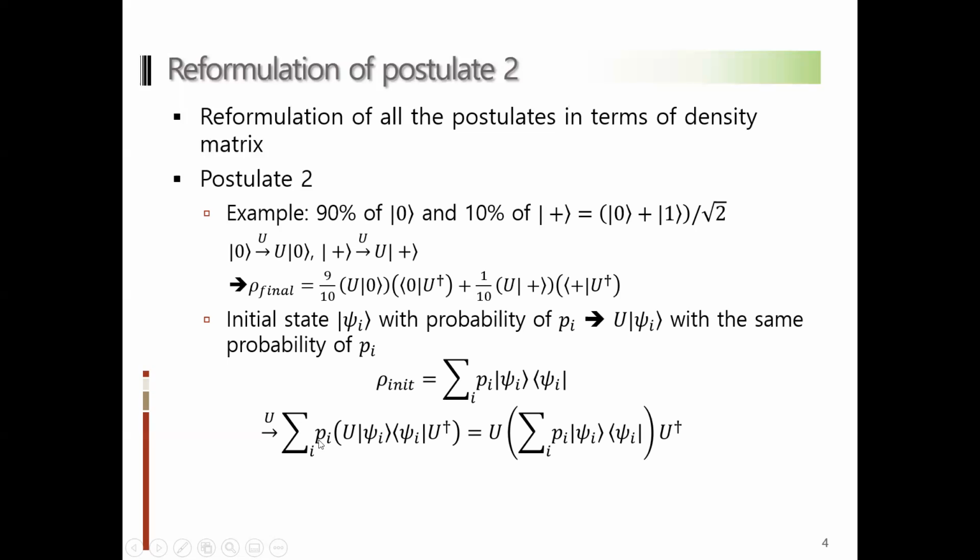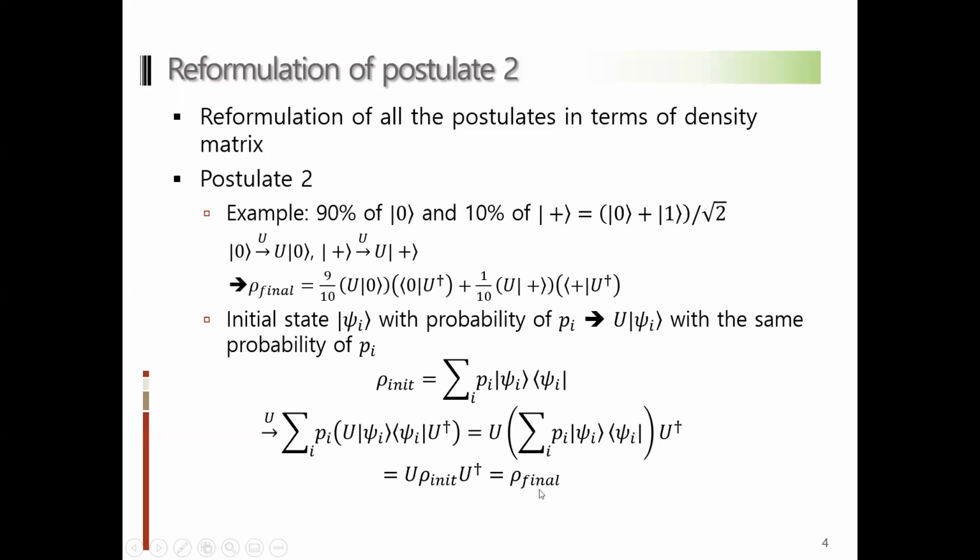And then we used to have this probability multiplied on each of these outer products, and that means that the summation can actually go to this side. And what is this one? This is the rho initial.